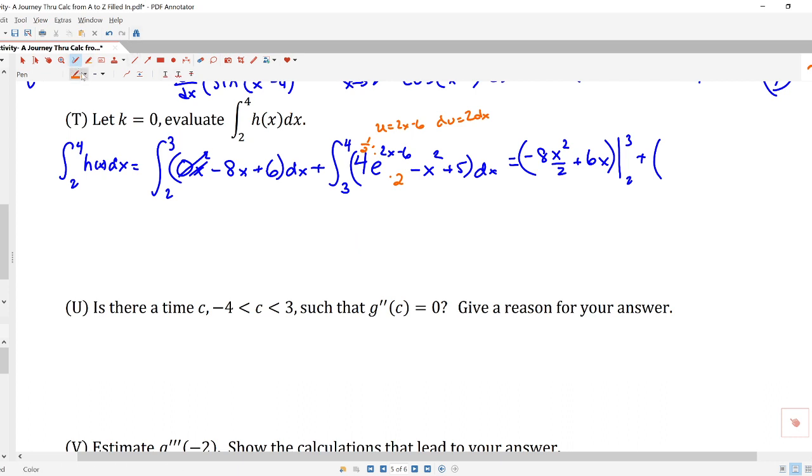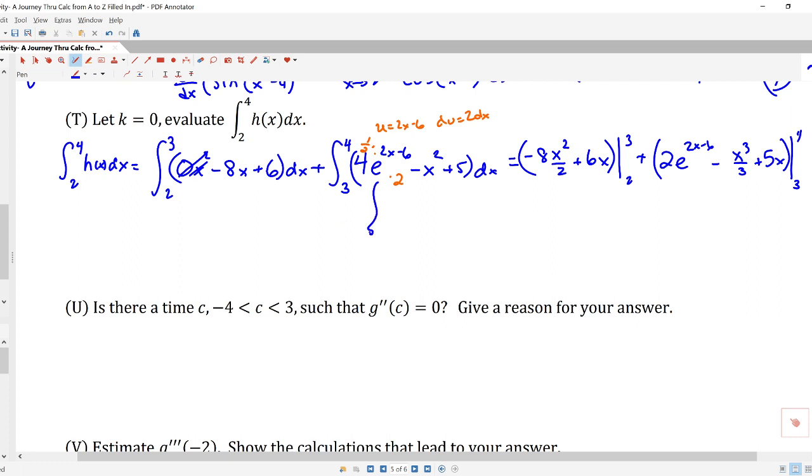So when we integrate this, we're integrating 2 e to the 2x minus 6 times 2 dx. So we get 2 e to the 2x minus 6 minus x cubed over 3 plus 5x evaluated from 3 to 4.